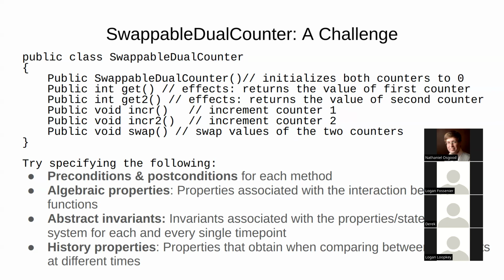Okay, yeah, so you're saying there are new properties involving, like, if I do reset and swap, it's the same as doing swap and reset, right? So that's an algebraic property.